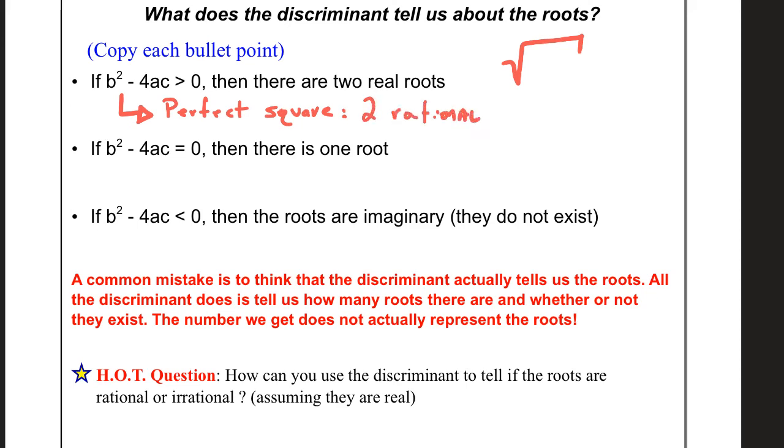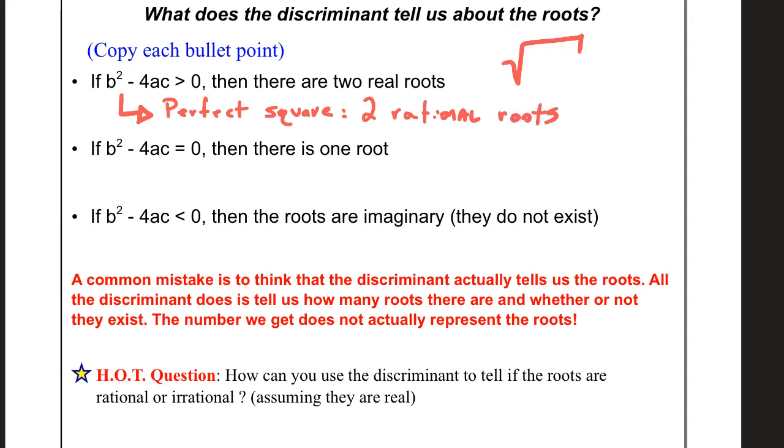If it's anything else, if it's any non-perfect square, they're going to be two irrational roots. By the same logic there, if we're going to have radical 17, let's say, that's a non-perfect square, we know our answer is going to involve a radical, it's going to be irrational. Two rational solutions, roots.